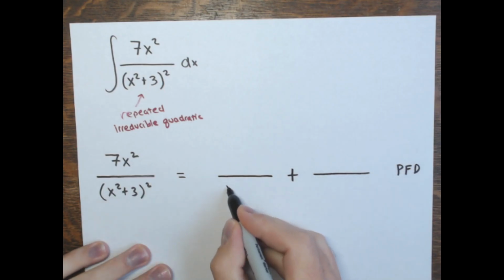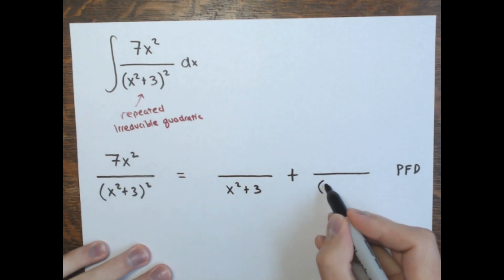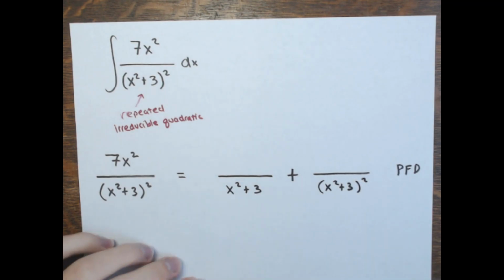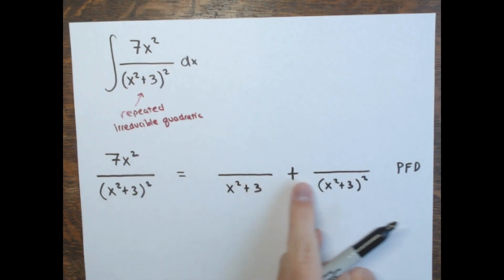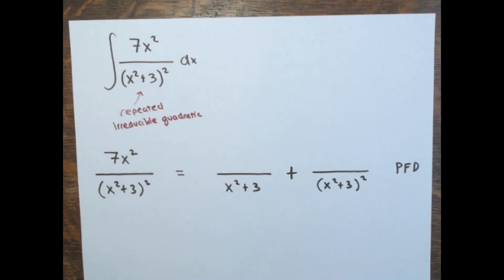One of them with x squared plus 3 to the first power, and then with the other x squared plus 3 added on, right? You just add on to these repeats. All right, so one with x squared plus 3 to the first, the other one with x squared plus 3 squared. These fractions would have an LCD of this denominator, so that's good.